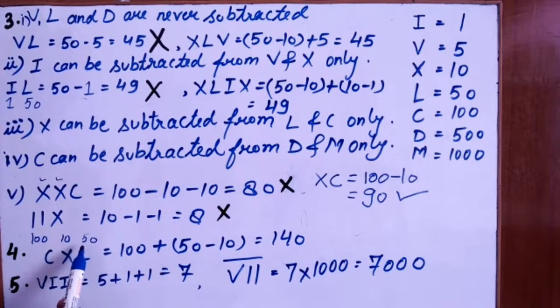If a smaller numeral is placed between 2 greater numerals, then it is subtracted from the larger numeral to the right of it. And to the right of it, what is there? 50. That's why 10 will be subtracted from 50. 100 plus 50 minus 10 is equal to 114. Understood?